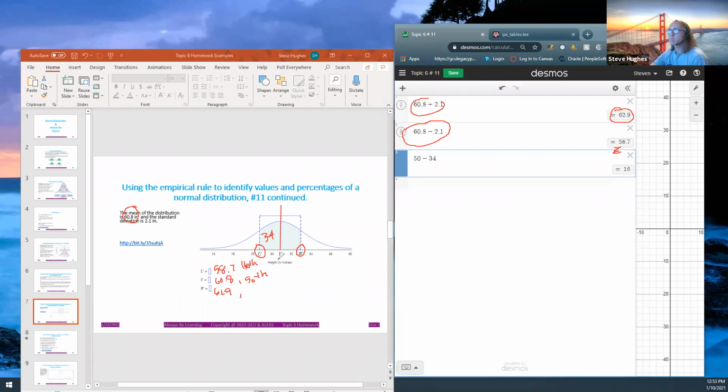All right, and what's the percentile? Remember again, this is 34%. Therefore, let's just put this in our calculator once again. 50 plus 34 is 84% or 84th percentile, okay?